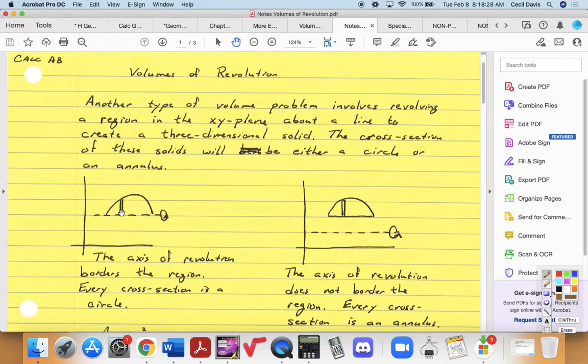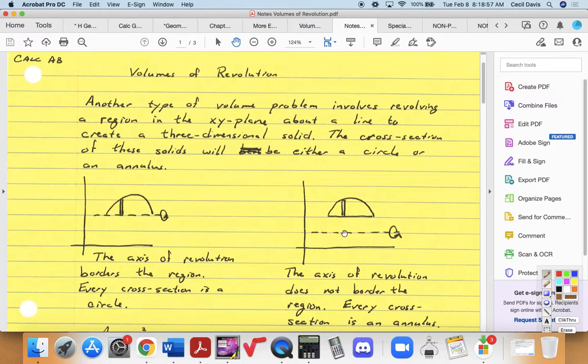There's no gaps anywhere. But on this one, notice there's a gap between my representative slice and my axis of revolution. So again, that looks like this. My pen is way up here off of my finger. Now if I point this at you and I spin this around, I have a circle with a hole in the middle, right? That's an annulus. That's all you have to understand.